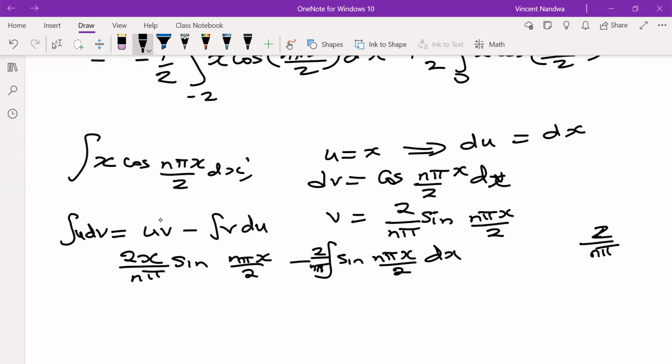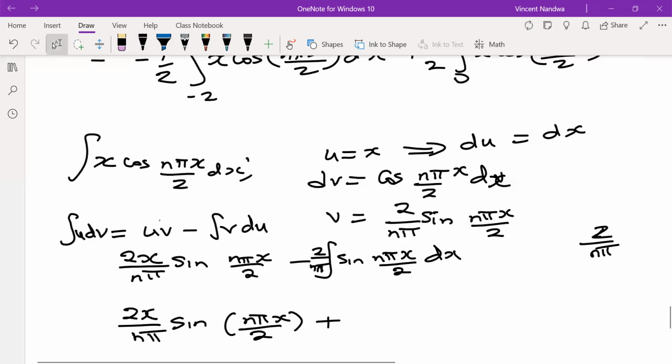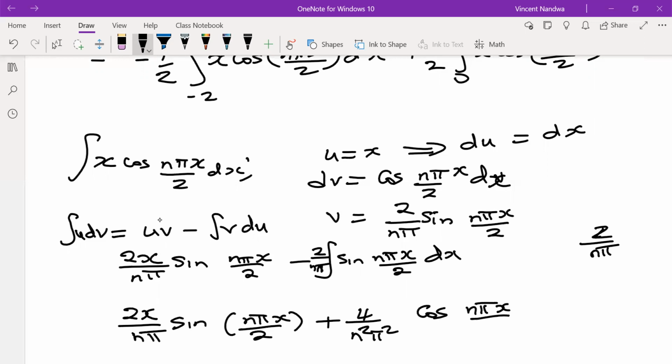So this will give us 2x over n pi sine of n pi x divided by 2. Now this will be plus because the integral of sine is a negative, so negative, negative, plus. So we get 2 by 2, which is 4 over n squared pi squared, multiplied by cosine of n pi x over 2.